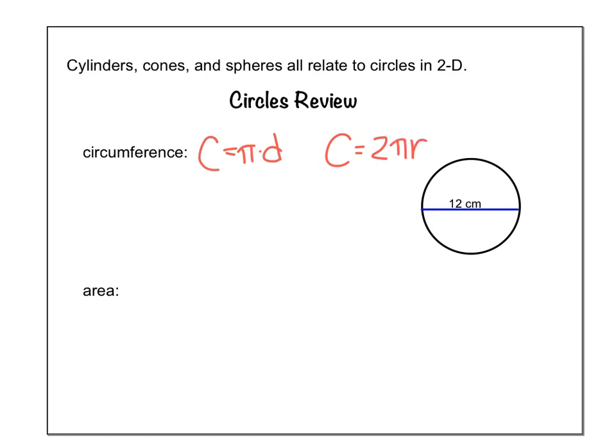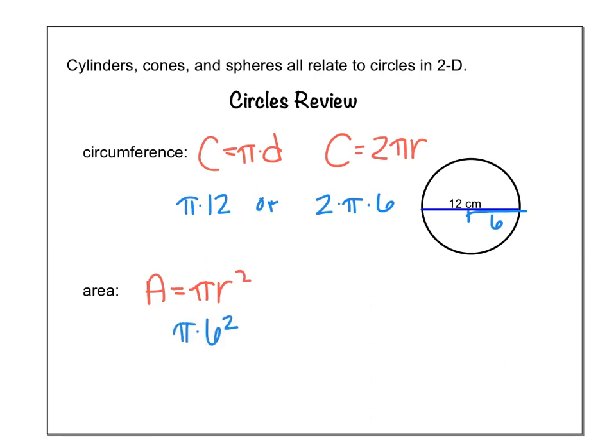So in this circle that says 12 centimeters as the diameter, we could either do pi times 12, or from the perspective of the radius of 6, we would do 2 times pi times 6. For area, we only had one, and that is pi r squared. Looking here, that 12 we couldn't use. We would need to figure out the radius of 6 first and do pi times 6 squared. So definitely keep these in mind as we continue forward.